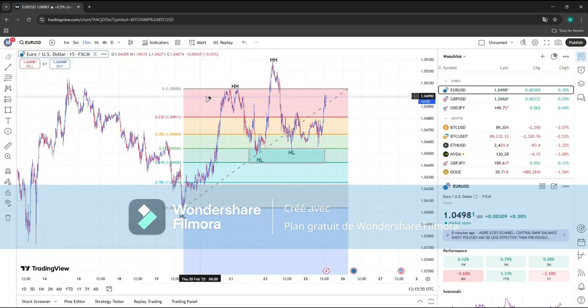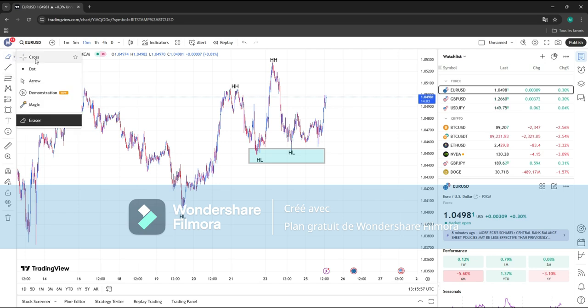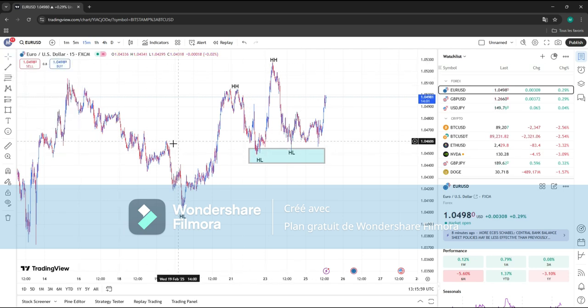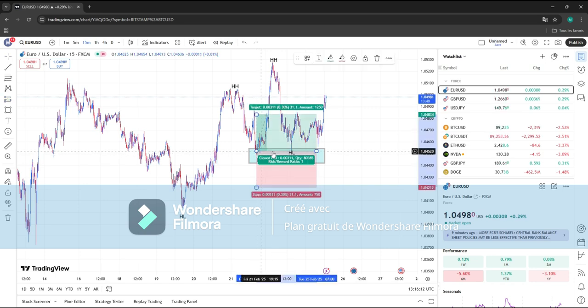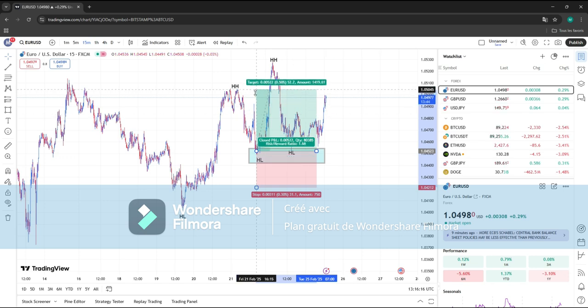if we go to the long position, the market has touched right here, and we have the lower low of this position.